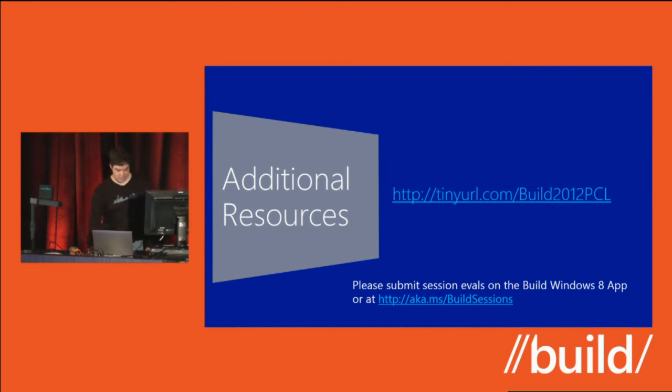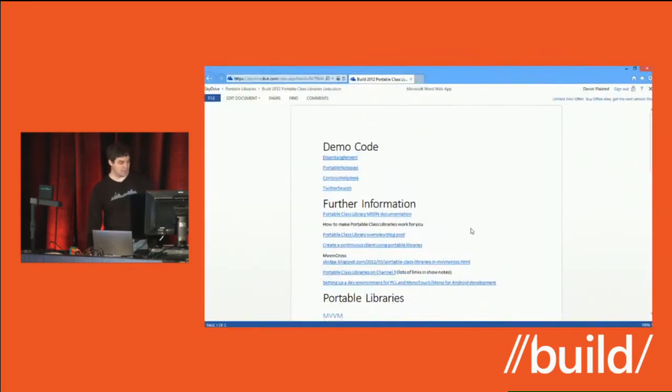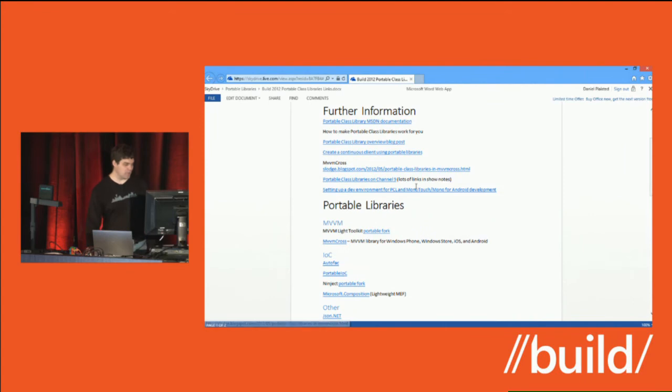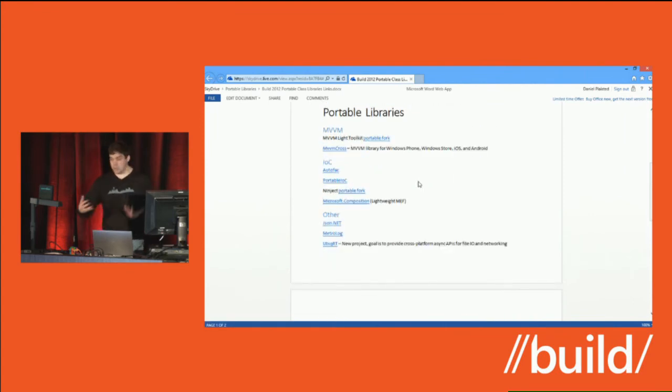This will have links to the demo code, lots of more reading about portable class libraries, links to portable libraries that you can take advantage of when using portable libraries. So there's a couple of MVVM libraries, a bunch of different IOC containers that you can use. JSON.NET is a very popular library for using JSON in .NET, and it supports portable class libraries.